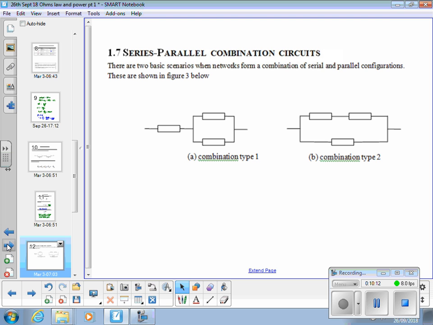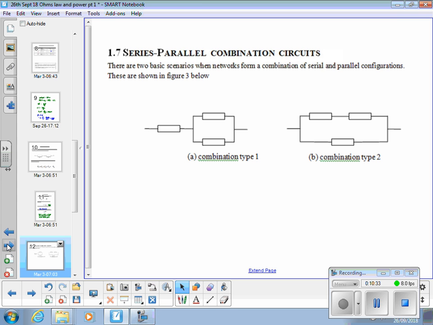You can have 2 different general types of combination, where series with a third, or two different combinations.